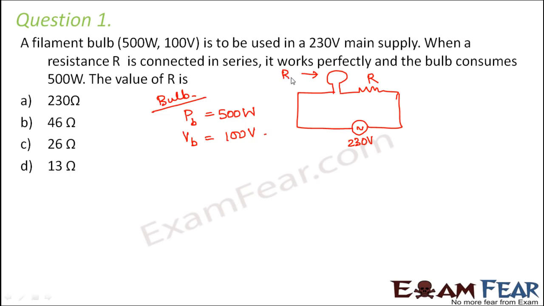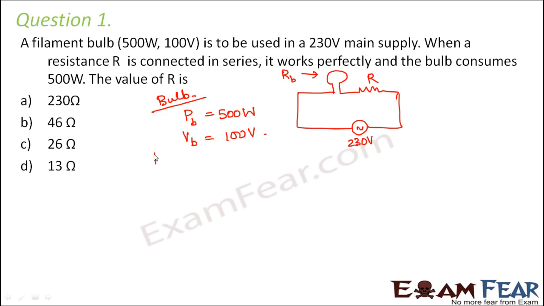Because the bulb as an appliance itself will also have some resistance. So let us first calculate that resistance, because if you consider the entire circuit as a whole, you might need to calculate the equivalent resistance of the circuit. For that, it is a must that you know the resistance of the bulb.